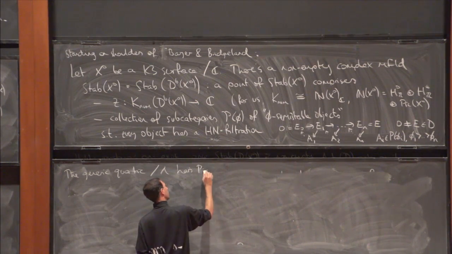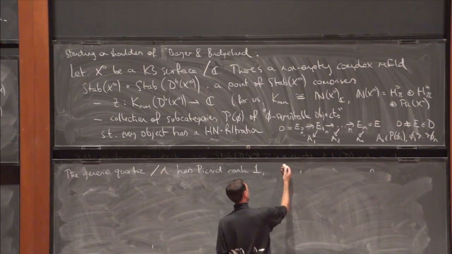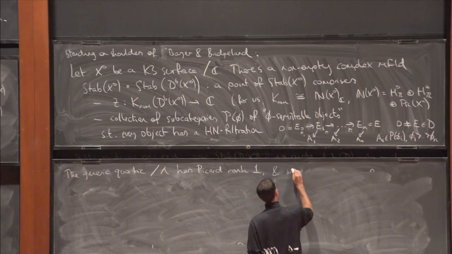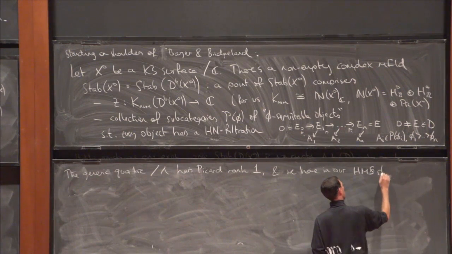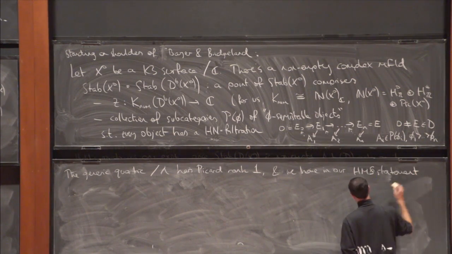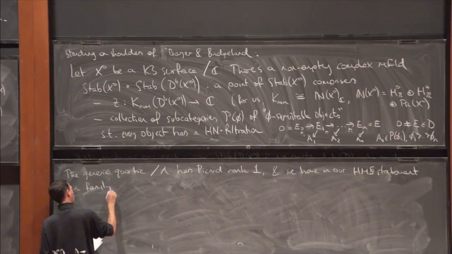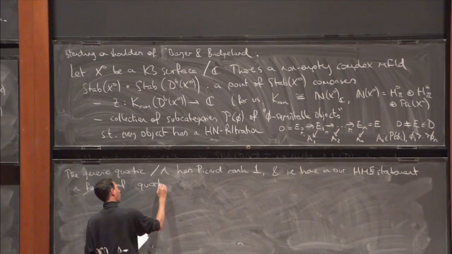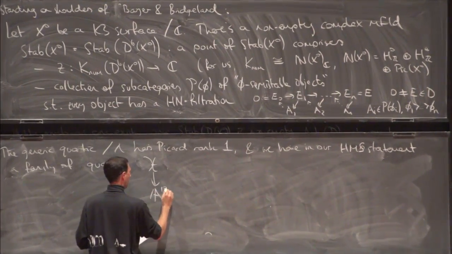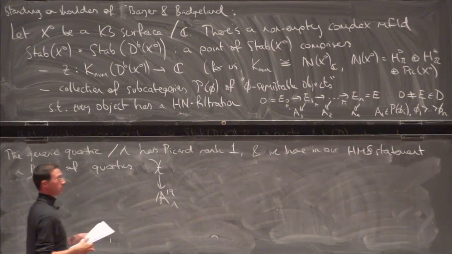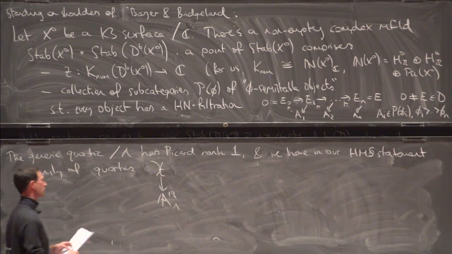So it's a general fact that the generic quartic over Lambda has Picard rank 1. And we have, in our HMS statement, a family of quartics over some affine space over Lambda, parameterized by these explicit monomials arising from the exceptional resolution curves.